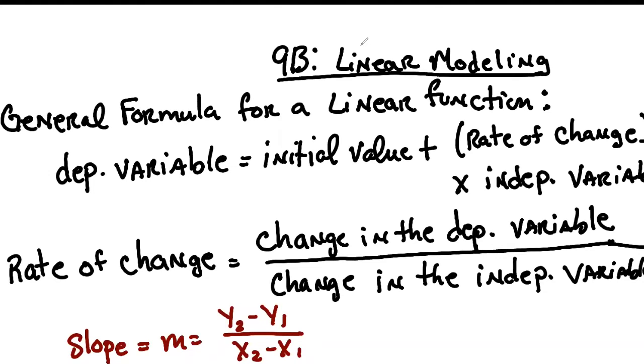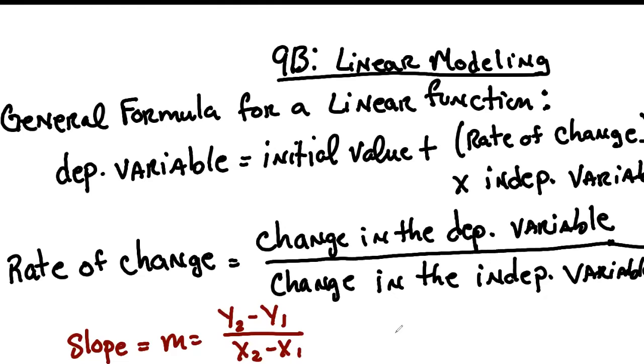And if you recall, from a given coordinate, my slope is y sub 2 minus y sub 1 over x sub 2 minus x sub 1. So this is the information that we really need to know in order to process through this particular section.